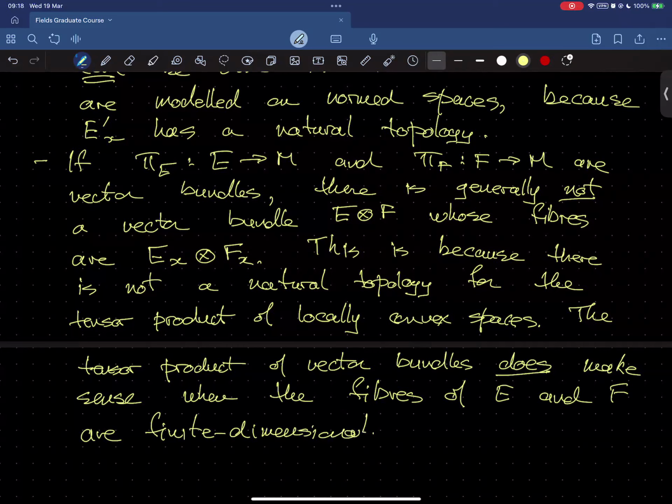So when the fibers of E and F are finite dimensional, the tensor product of E and F will again be finite dimensional, and so it has a natural topology. So all of the possibly many locally convex topologies that you have for the tensor product, they're all the same in the finite dimensional case.